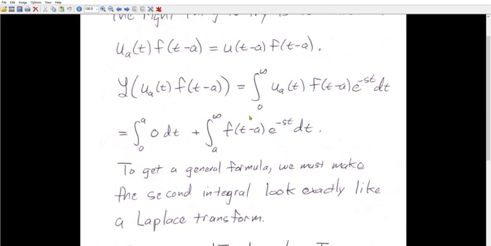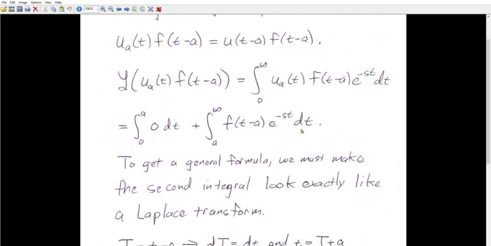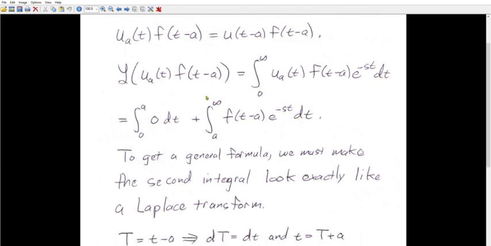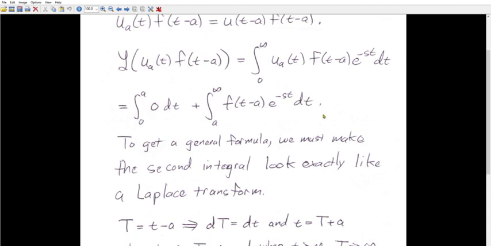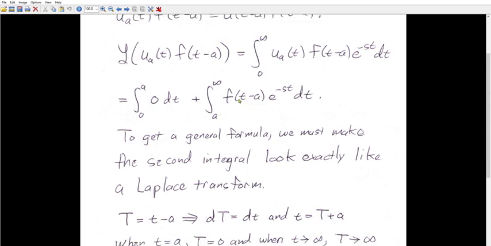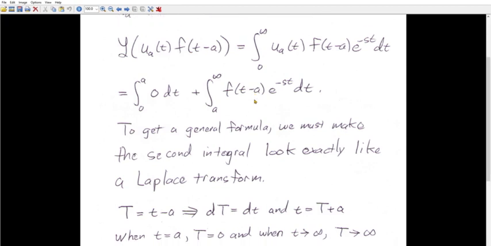And then when t is at least a, this is 1, and we've got this. Now we want to make this look like a Laplace transform, and it doesn't, and the reason is twofold. Number one, this limit needs to be a 0. And number two, that needs to be t.